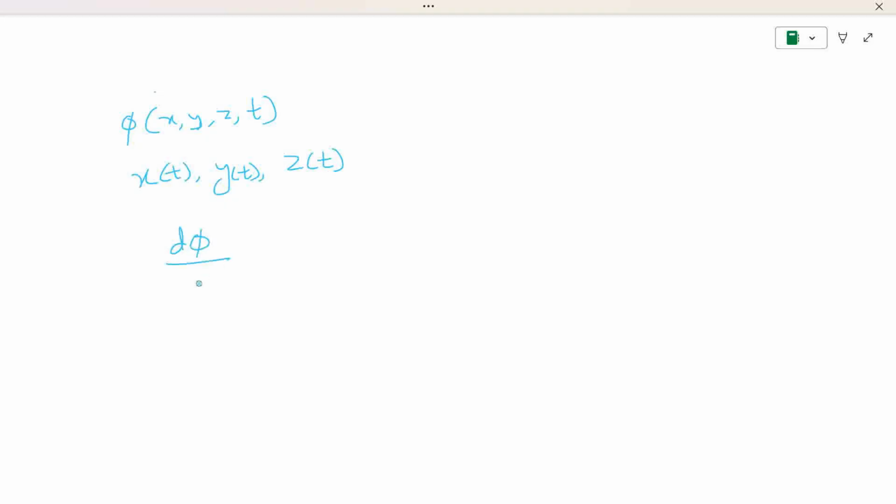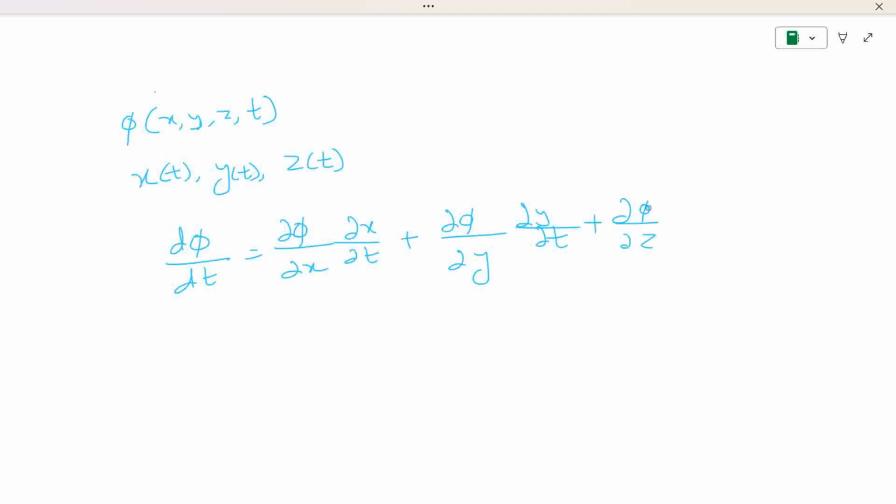d phi by dt is equal to, so here we have four terms basically.